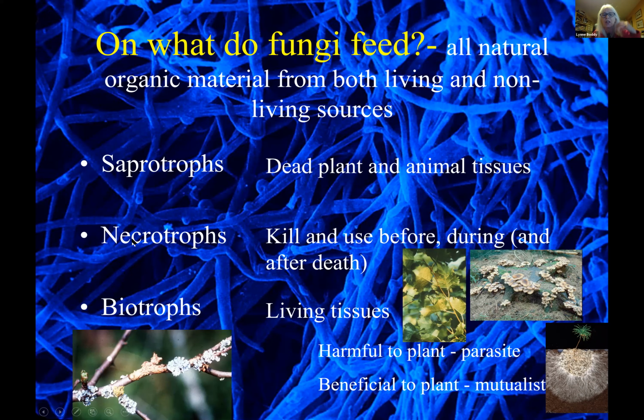This is just 3 ways of feeding on a spectrum. There are those called the saprotrophs, and they use dead plant and animal tissues. Then there are the necrotrophs, which kill plant and animal tissues and then use them during and after killing until they're replaced by other fungi. And then there are the biotrophs. They live on living cells and tissues.